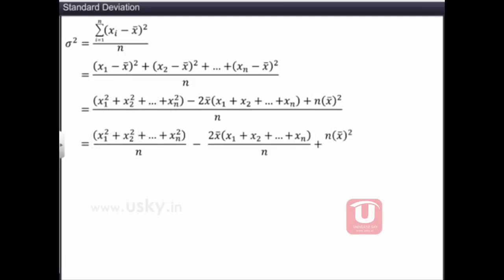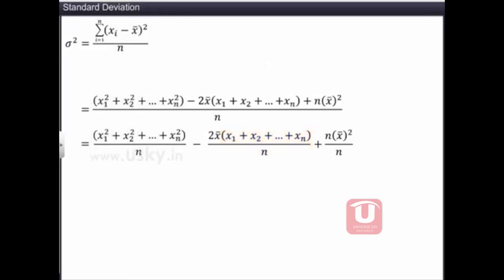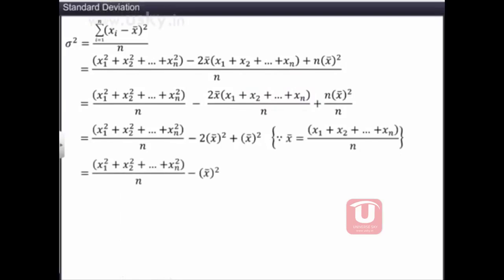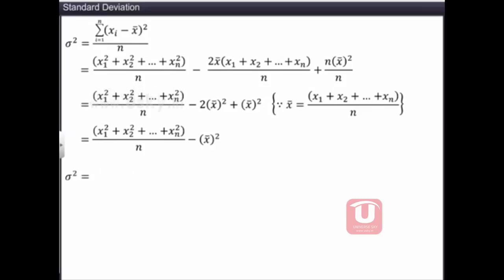We know that the sum of the observations divided by the number of observations gives the mean of the observations. On simplification, we get that variance is equal to the summation of xi squared divided by n minus the summation of xi divided by n, whole squared.